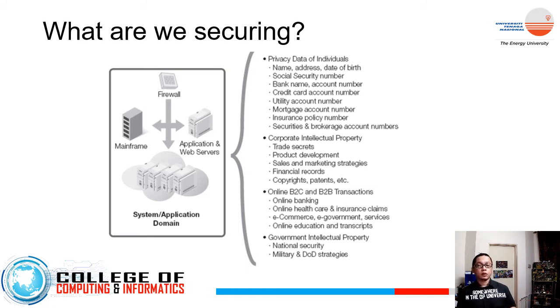You also need to care about your people, and whether your policy protects your people as well. Because when you protect your people, you can protect your brand name, which is also part of your asset. So these are the first things you need to ask yourself and your organization: what are you securing? What is your asset?